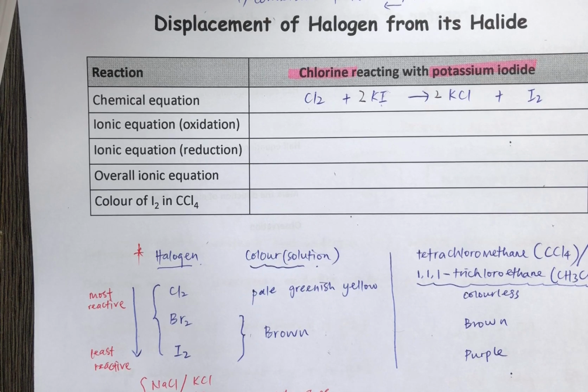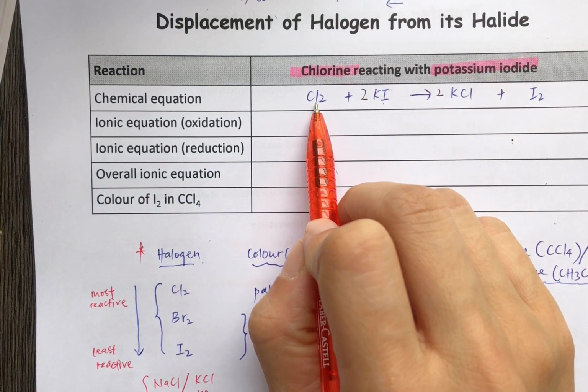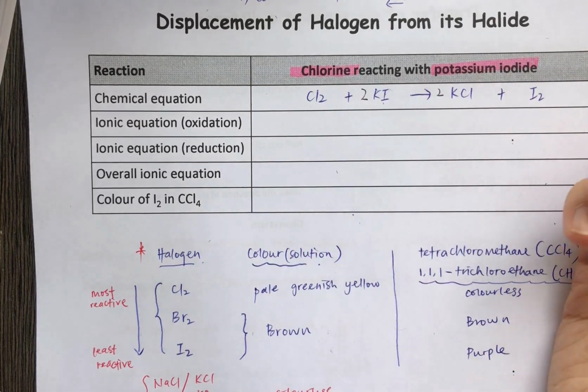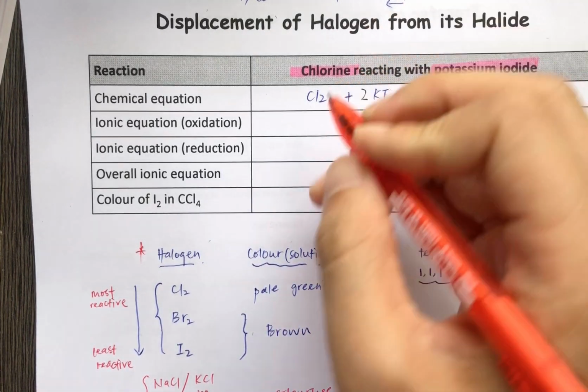If you have been following me, you should know that every time we talk about redox, we try to split our species into the ions whenever possible. So for chlorine, can I split it? No, you can't, because it's an element, so it will remain as chlorine.